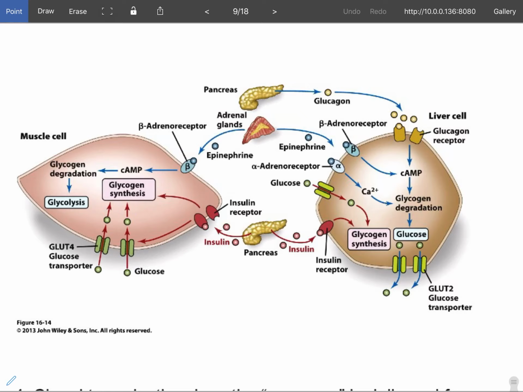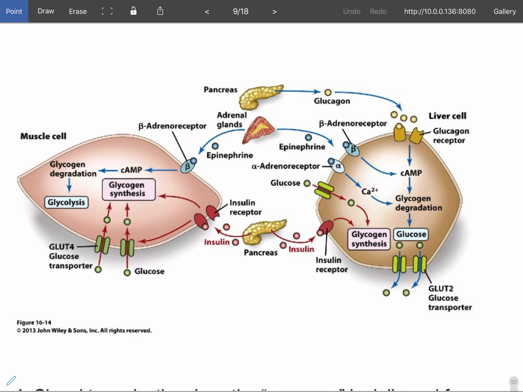In the muscle cell, there are insulin receptors that will identify that insulin is in the blood, and it will do a few things. It's going to activate these glucose transporters. It's actually going to produce more of these glucose transporters to enable the glucose that's within the blood to enter the cell. And that insulin will also trigger glycogen synthesis.